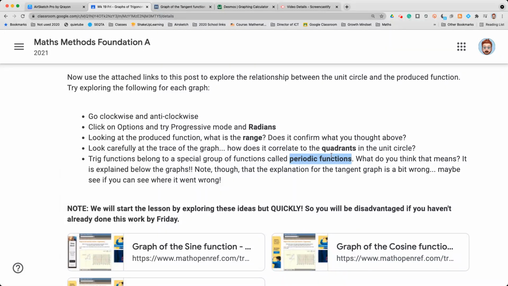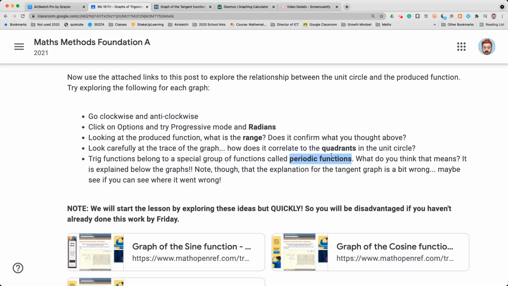Sine has a period of 2 pi, whereas cosine also has a period of 2 pi, and both of those values are just 360 degrees.